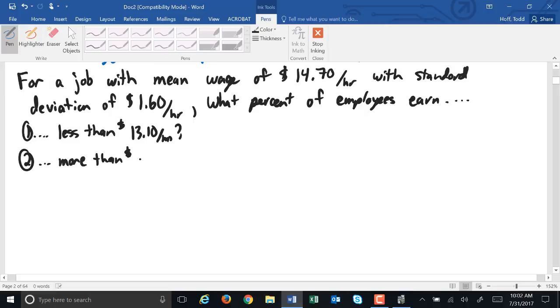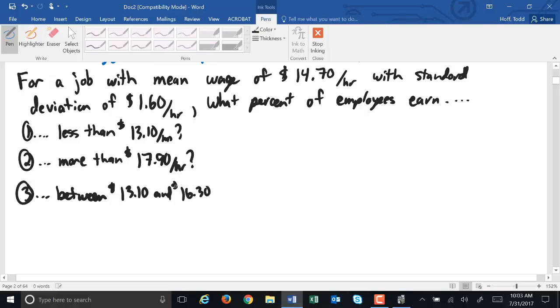More than $17.90 per hour. Between $13.10 and $16.30 per hour. And between $11.50 and $16.30 per hour.